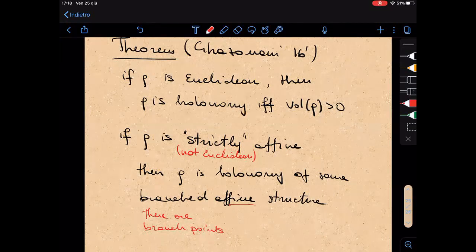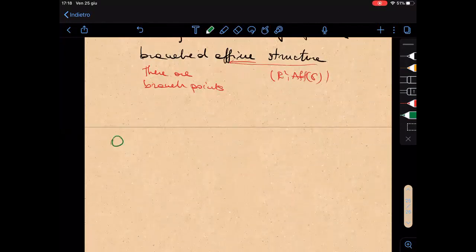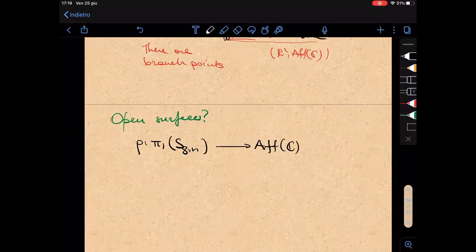Affine means that we are looking at an affine structure, exactly what this says, so we are on the R2 model on Aff(C). Well, even in this case, you may wonder what happens for open surfaces. Suppose we have this representation from S_{g,n} into Aff(C), suppose n is at least 2 and rho is not trivial.